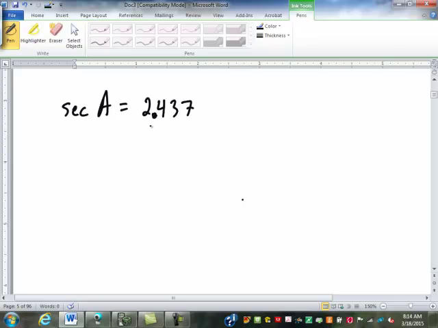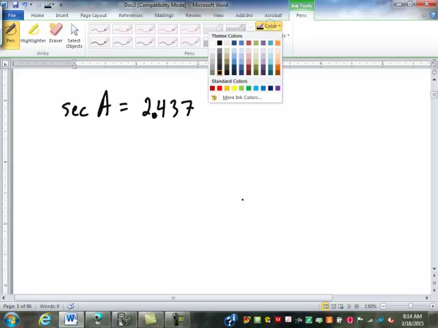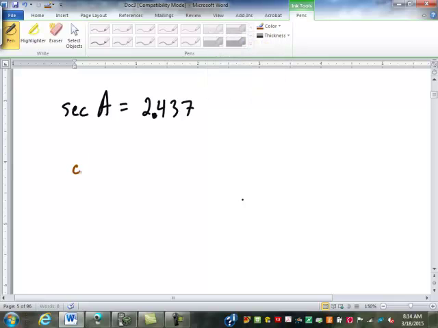We don't have a secant key in our calculator. We don't have an inverse secant key. We have to do it in terms of cosine. The cosine of A would be the reciprocal of that, 1 divided by 2.437. Remember, cosine and secant are reciprocals.